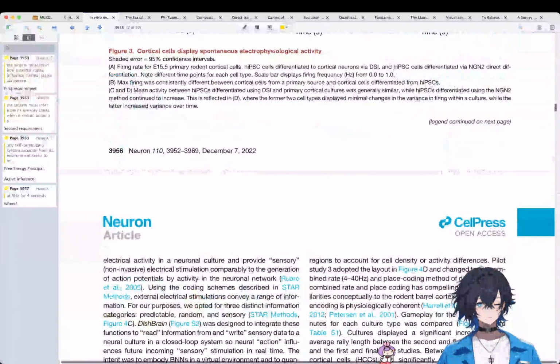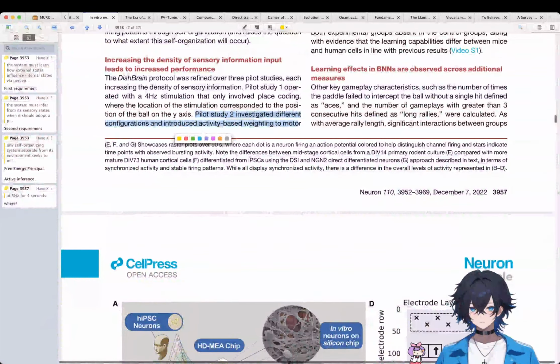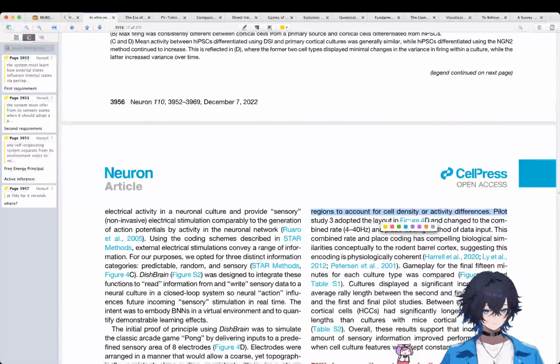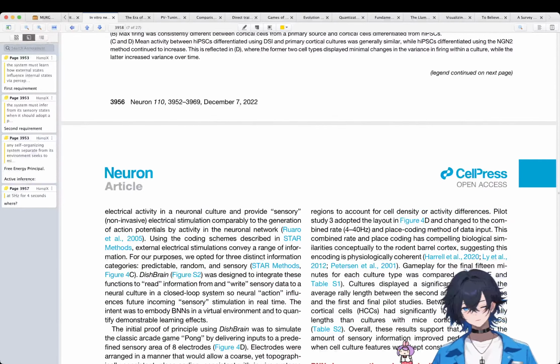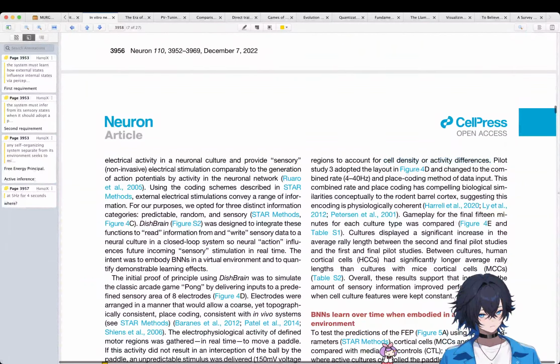What does that mean? Account for cell density or activity differences. So I guess this is more of a hardware issue that they're addressing.